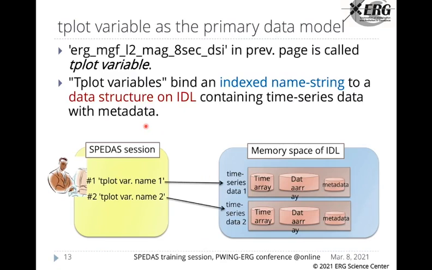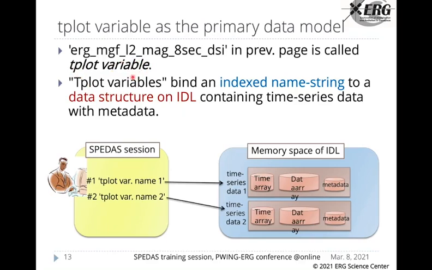And also you need to know the basics about tplot variables, which are the primary data models used in this SPEDAS framework. For example, in the previous slide, we plotted a data variable named ERG MGF level 2 magnetic field 8-second DSI coordinate data. You have seen that this data variable is given as an IDL string, something like this, which is called a tplot variable.